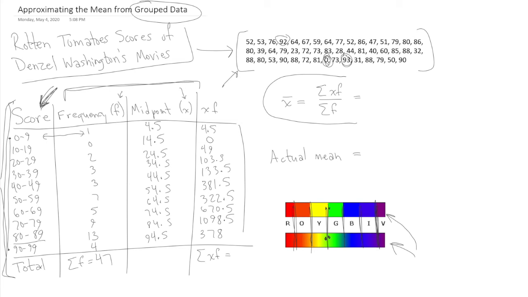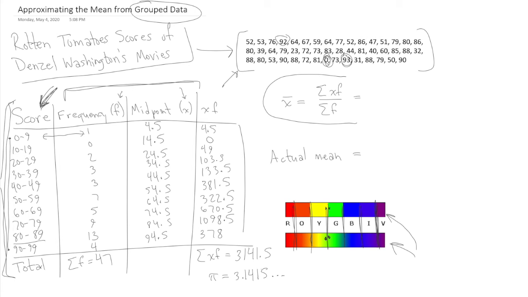And when you do that, you get 3141.5, which you may notice looks uncannily like 3.1415, which is equal to pi, which just proves that Denzel is a very well-rounded actor.